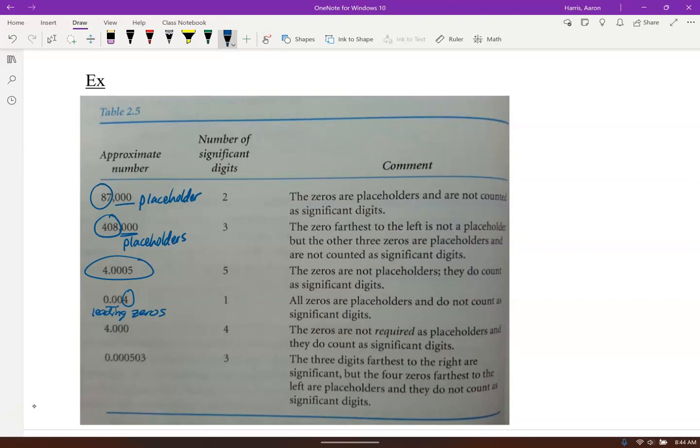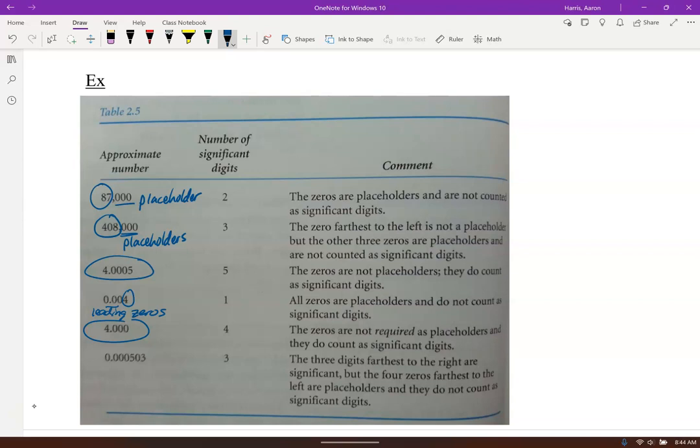Now notice on this one, 4.000, those zeros are not required, right? They're being included for a reason, so they're counted as significant digits. So again, 4 significant digits.